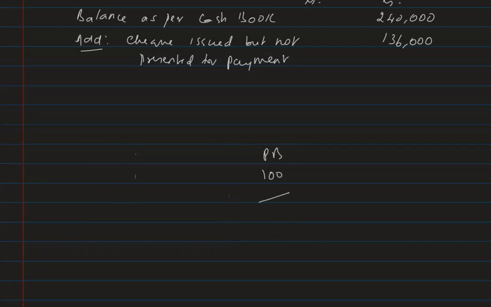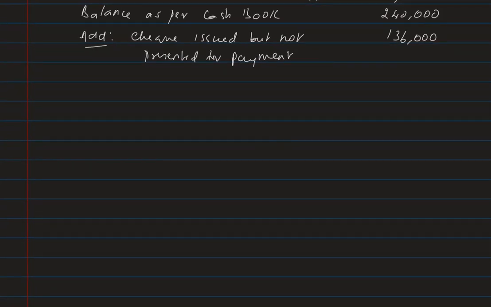Since the cash book balance is higher, we need to less, so I put here less check deposited but not credited. The amount is 90,000. Now very important point, you need to group them properly. Add items should be grouped properly and less items should be grouped properly.